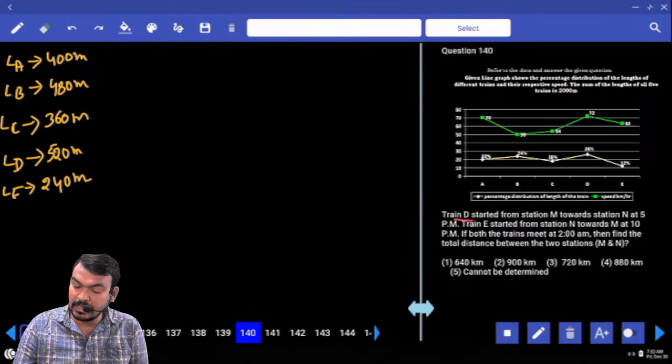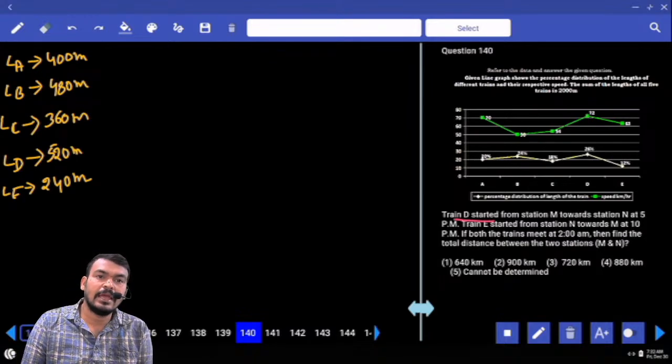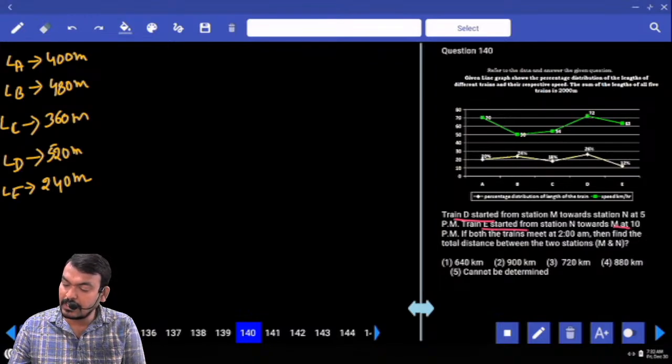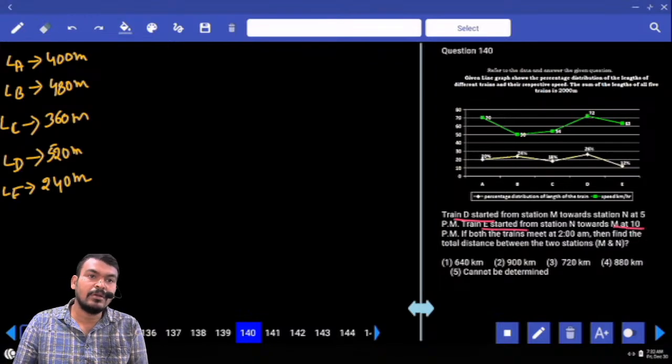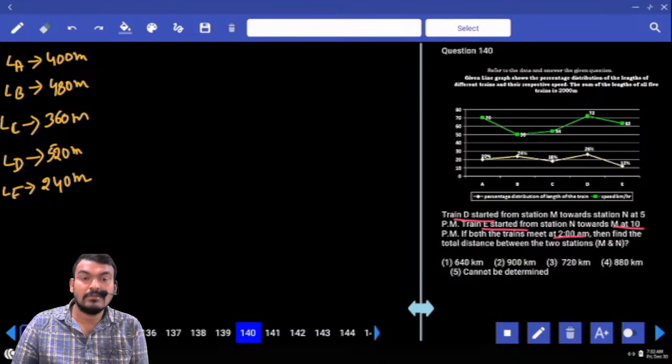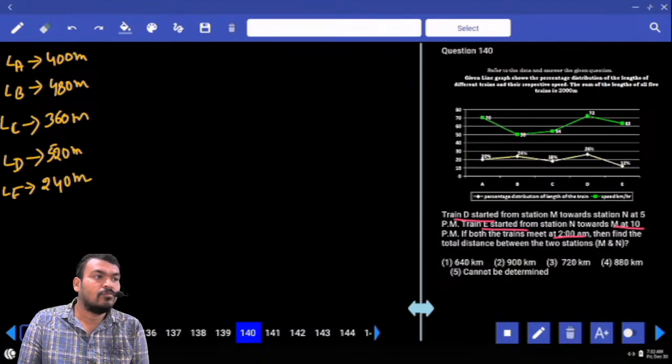Means train D traveled how many hours? 9 hours, or not. Next, train E's starting time is how much? 10 p.m. But it meets at 2 a.m. How many hours are traveled? 4 hours, or not. Okay.